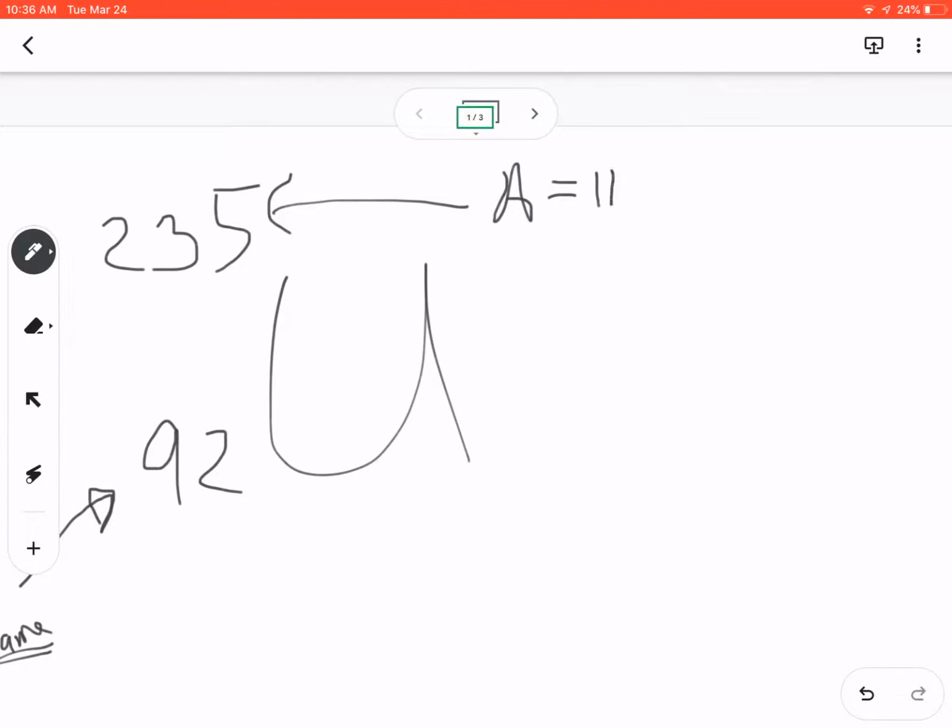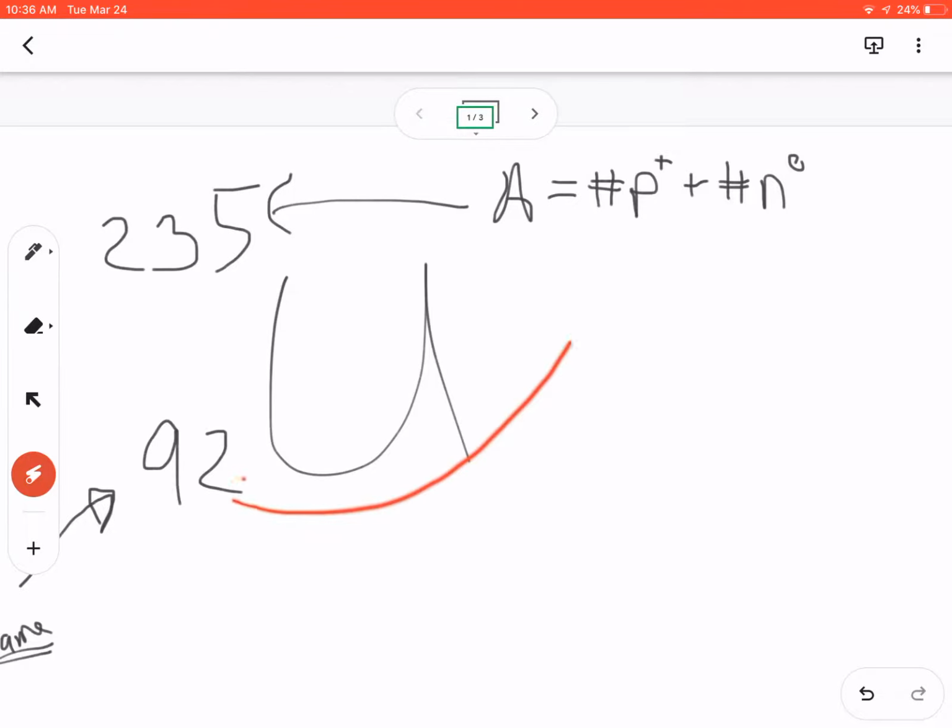Remember, it's the number of protons plus the number of neutrons. So if we want to know the number of neutrons, all we have to do is subtract the number of protons from that big number, which means subtracting the little number from the big number.